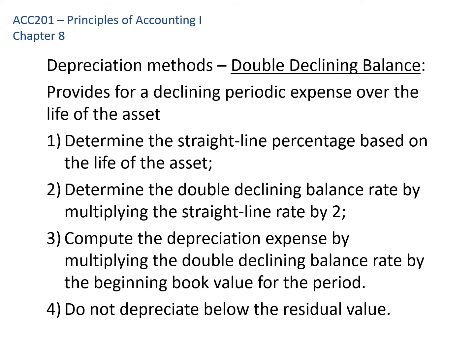The next method is the double declining balance method, which you probably won't see much in the real world, but it's for companies that might want to do an accelerated type of depreciation. So they might want to record more depreciation early in the product's life and less later. So let's say as an example that you have a company that made a really cool case for the new iPhone 12.